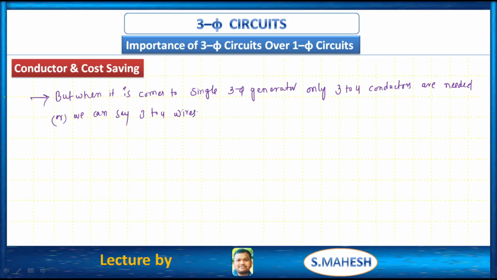Okay, so 3 to 4 wires means what? 3 conductors, or 4 conductors.